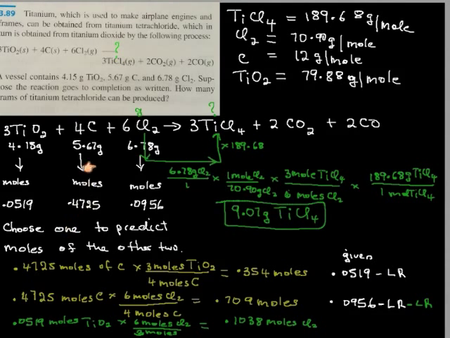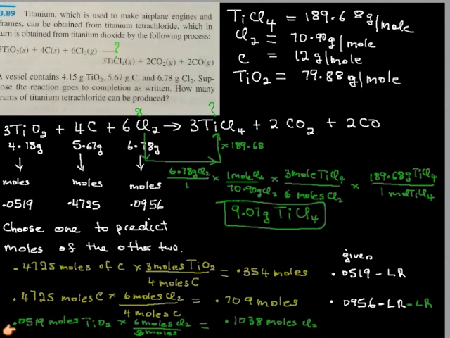By the same token, they gave me 0.0956 moles of chlorine, and I need 0.709. So again, chlorine is also our limiting reagent. We cannot have two limiting reagents. We cannot have chlorine and titanium dioxide both as limiting reagent. We already know that carbon isn't. So between titanium dioxide and chlorine, you can pick either one of these, and I picked titanium dioxide to predict.